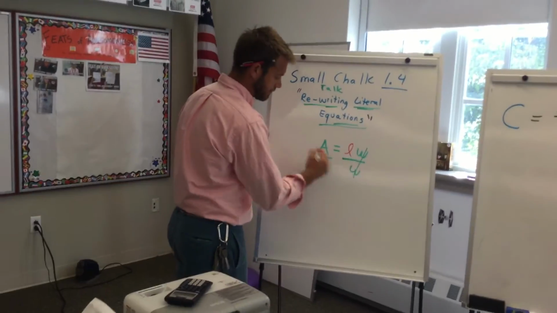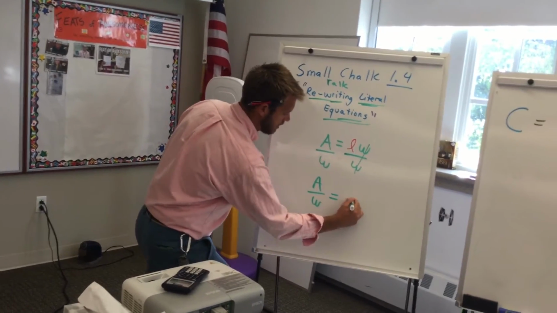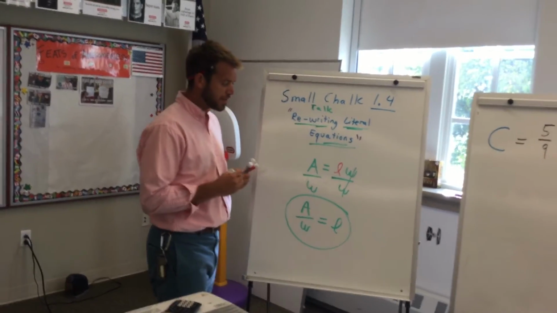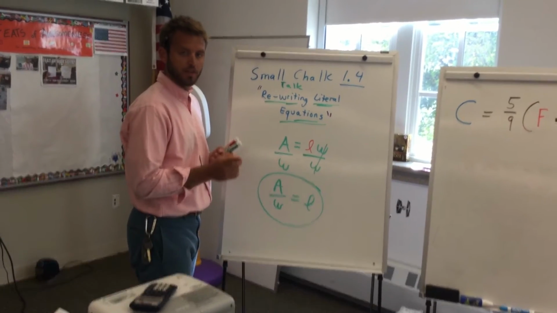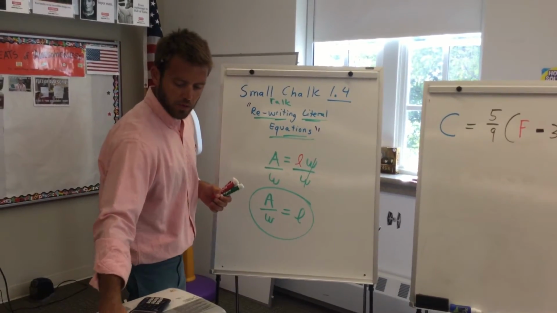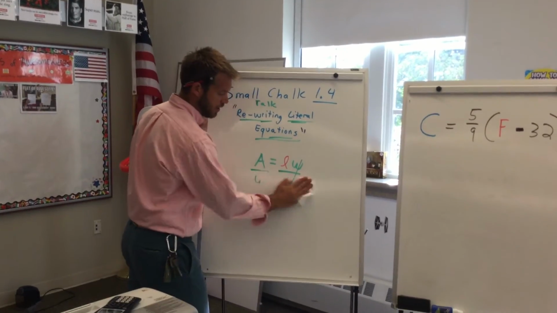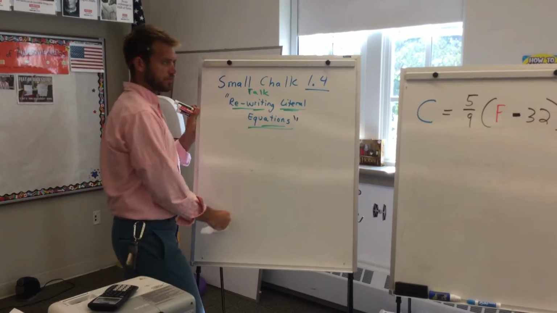So we have area divided by width is equal to length. That's all we're doing. So we're practicing rewriting formulas to solve for the variable that we need or want. It's a skill that we're not going to test too much on in the first test, but you will need to know it later. So, a little more complex example right here.